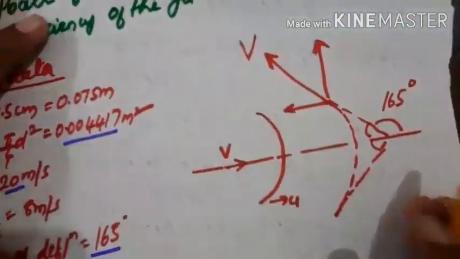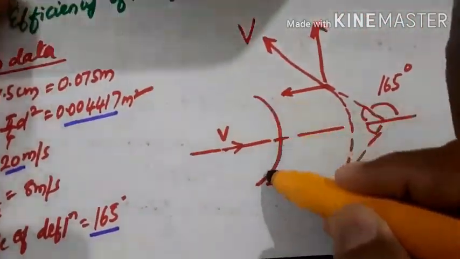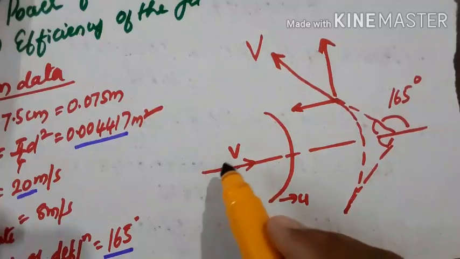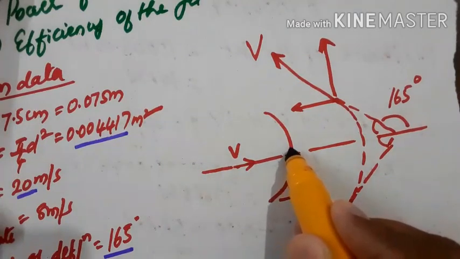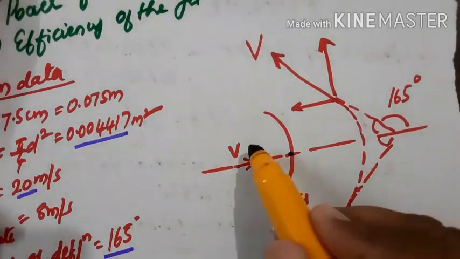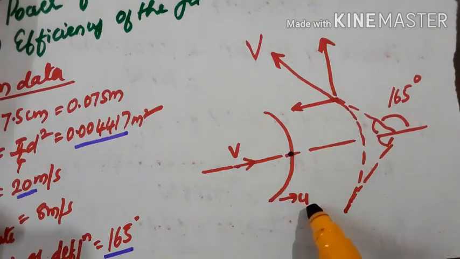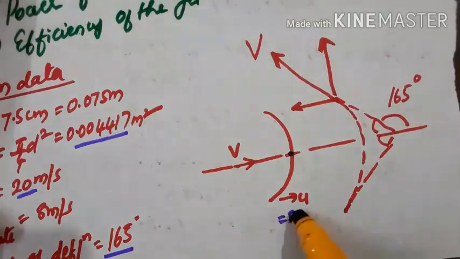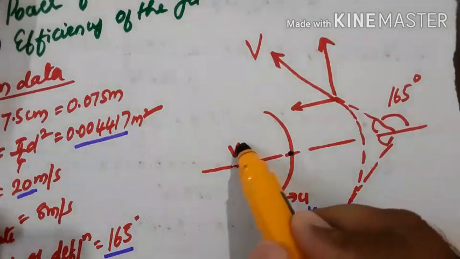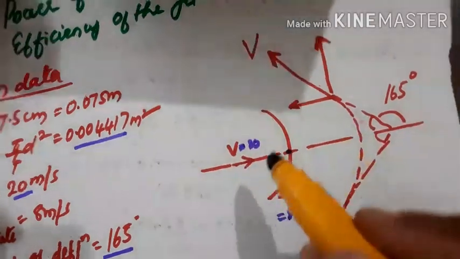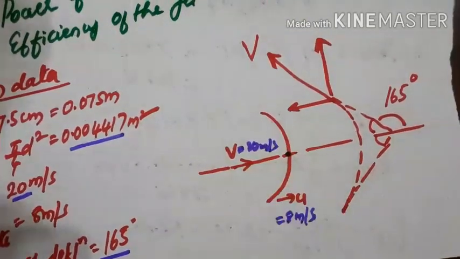So first draw the figure. So this is the curved vane, and here the jet is striking at its center. This velocity is given, and after striking, this vane starts moving with a velocity of 8 meter per second, and the jet velocity is given as 20 meter per second.